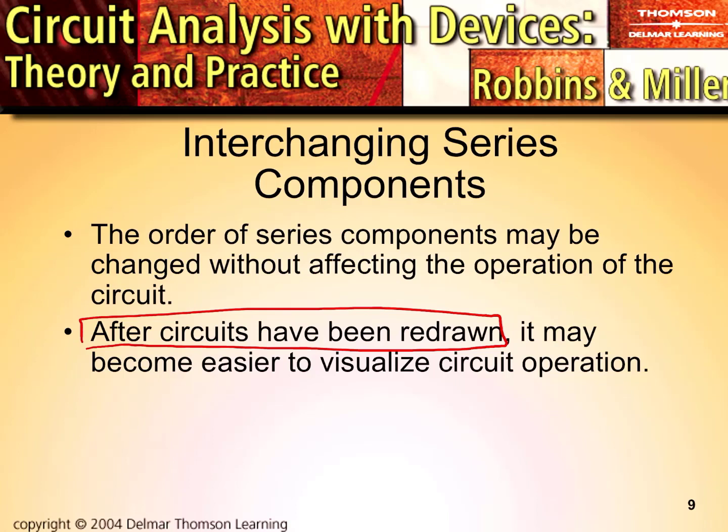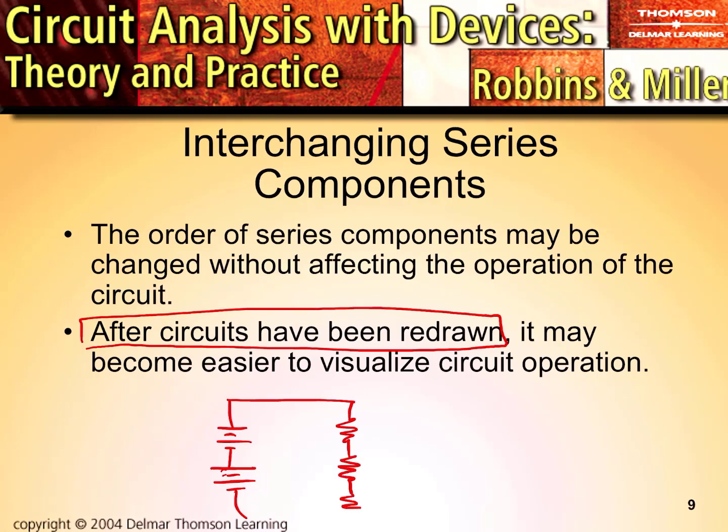So right from the beginning, even for the most simple circuits, we want you to get into the practice of redrawing the circuit. A standard for redrawing the circuit is to put all voltage rises to the left and all loads to the right.